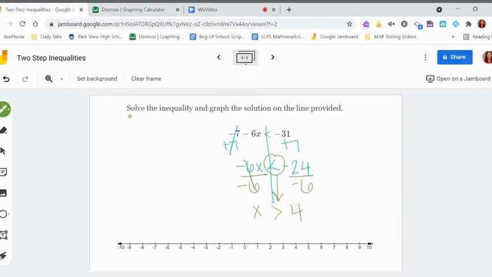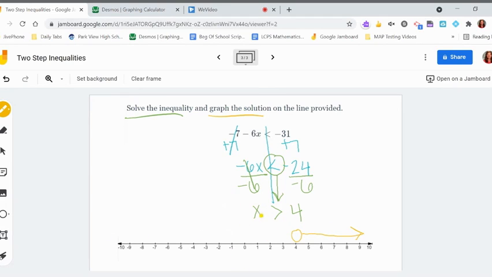Okay, so again, that's my solving. Now I need to do my graph. I'm going to find 4. This time it's an open circle because it doesn't have the underline, and I can follow the arrow because x is first. So any number over here are solutions, and any numbers over here are not solutions.